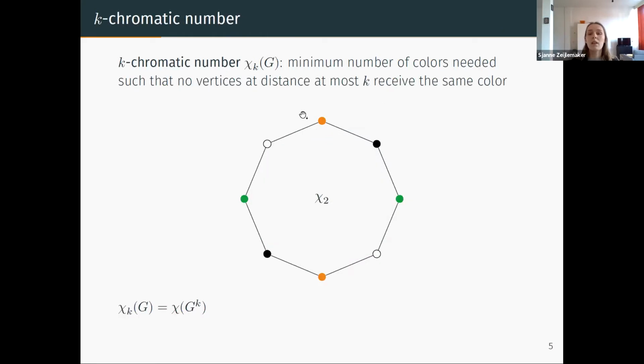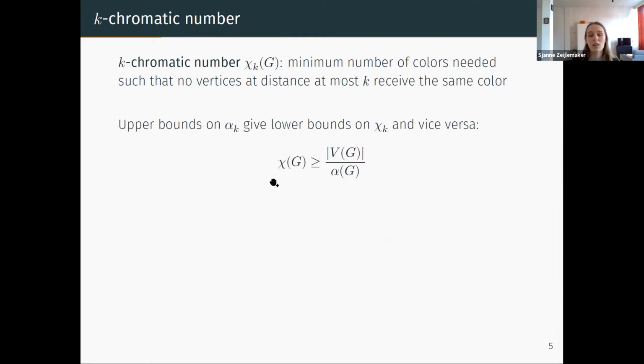In the same way, we can also generalize the chromatic number. For the k-chromatic number, vertices that are at distance at most k cannot receive the same color. There's one inequality which relates these two quantities: the chromatic number is at least the number of vertices divided by the independence number.